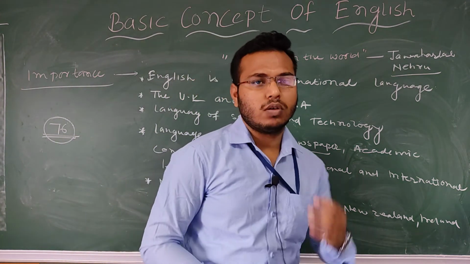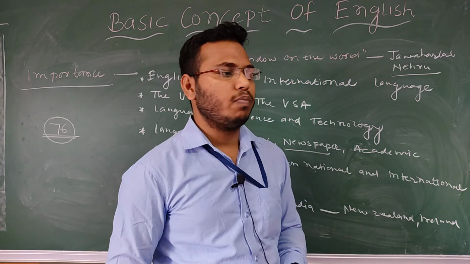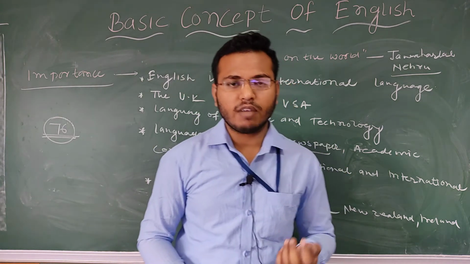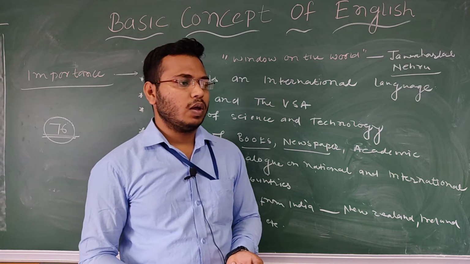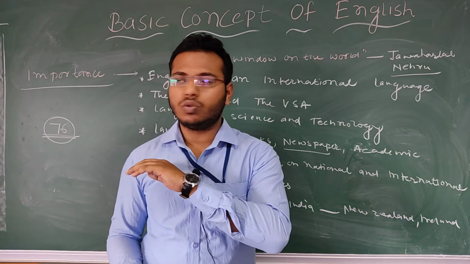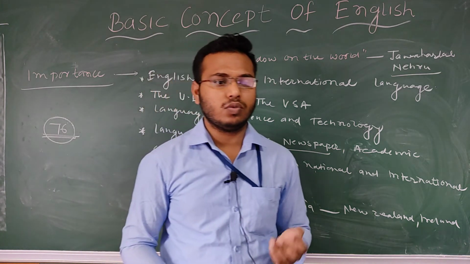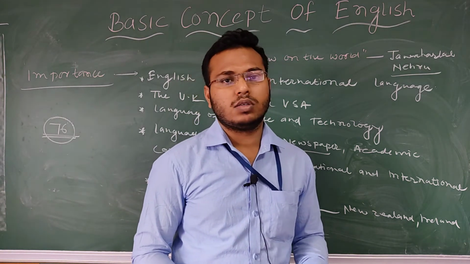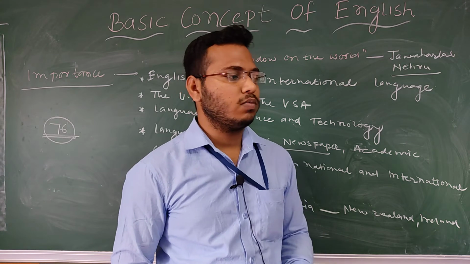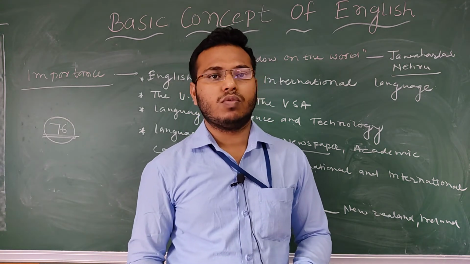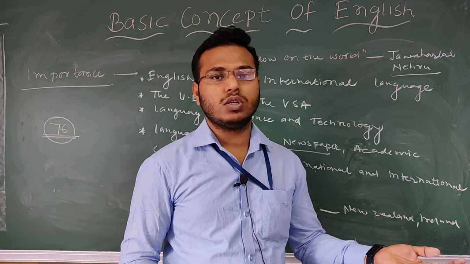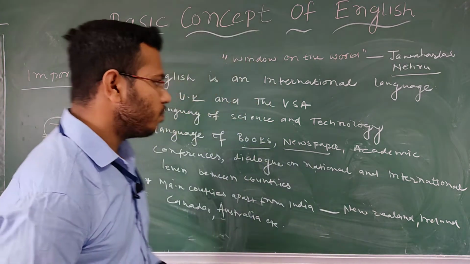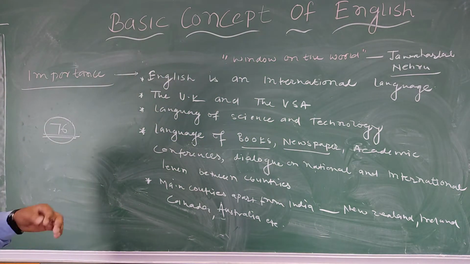What is the meaning of special status? Special status means that about 76 countries are using the English language as a special or official language. Special status means they use English for most of their educational institutions, and official means it is used in most of their works.